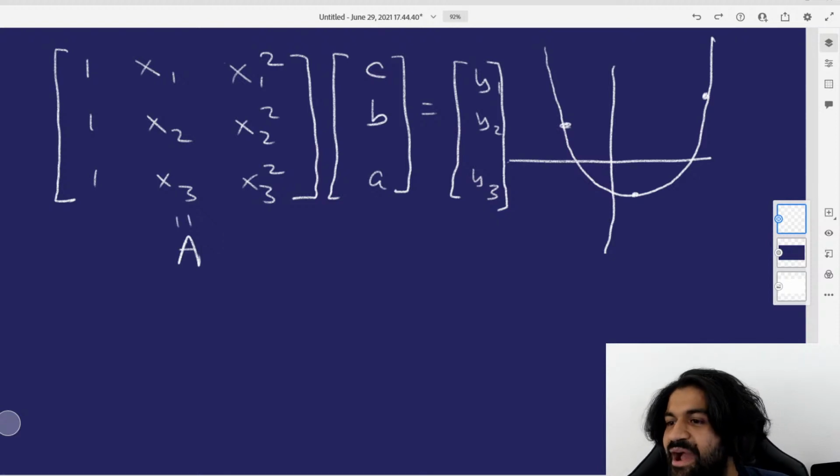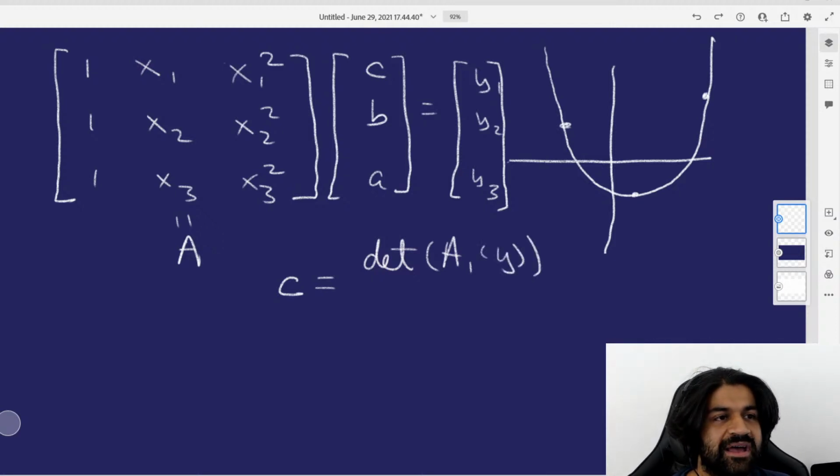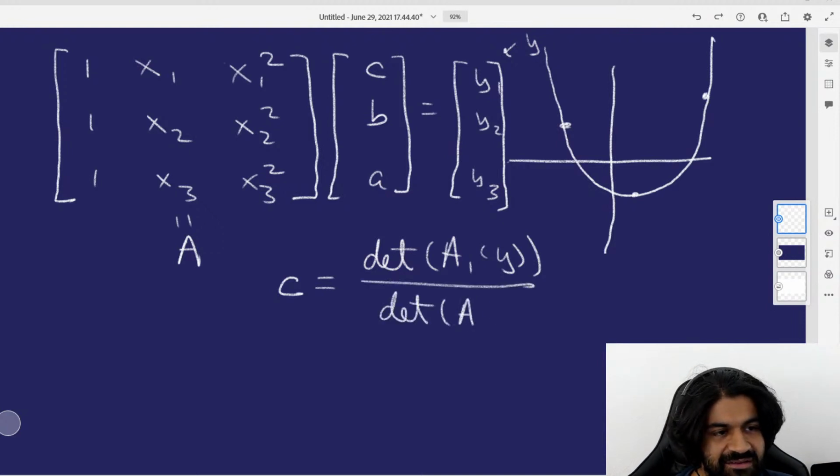And I hope you're around for the Cramer's rule section of this talk. It was right at the start, right? So if you're around for the Cramer's rule section of this talk, then you know that C is going to be precisely the determinant of A1 y, where this whole column vector is y, divided by the determinant of A, right?